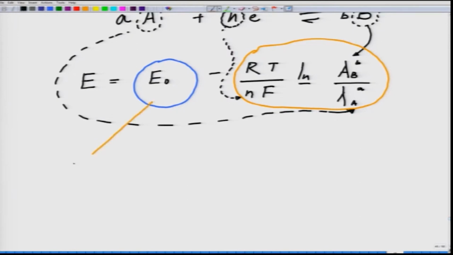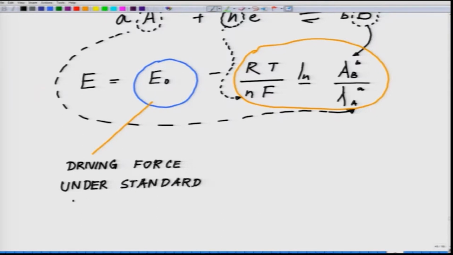So, this is essentially the driving force under standard condition.